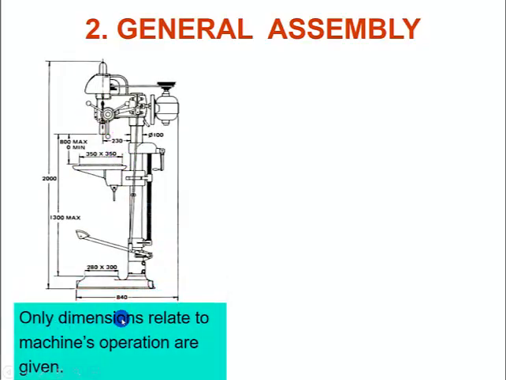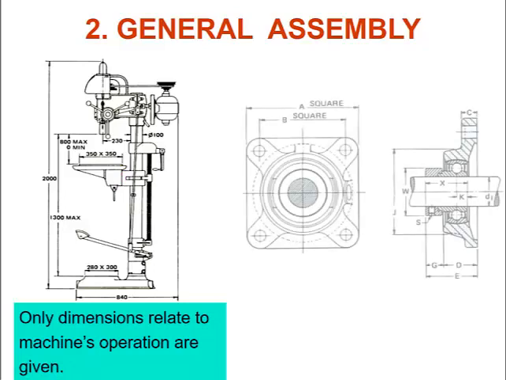So when you do the dimensions on the general assembly, only the dimensions related to the machine's operation are given, not all the dimensions are put in the assembly view. Just the things related to the machine's operation.